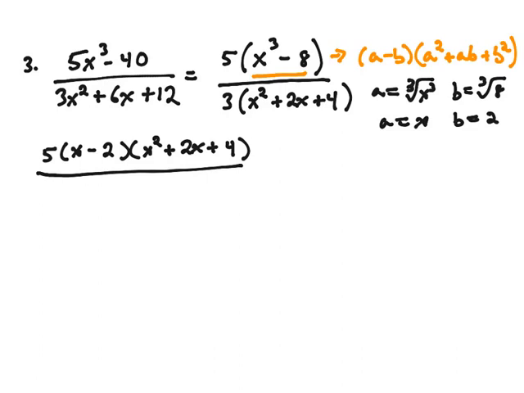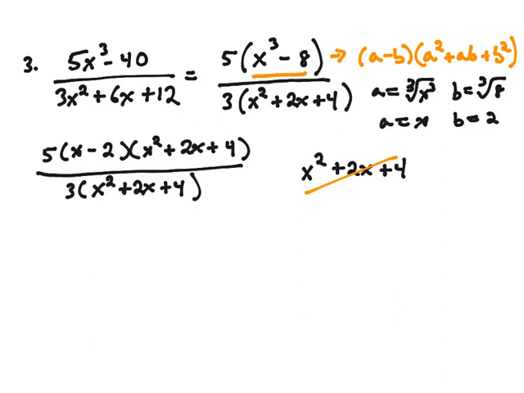Okay? And then off to the side, we'll factor this trinomial over here. All right? And so what we're going to do is, actually, I don't have to factor that out, because watch what happens. We can just cancel that, right? And notice the denominator is 3 in parentheses x squared plus 2x plus 4, right?